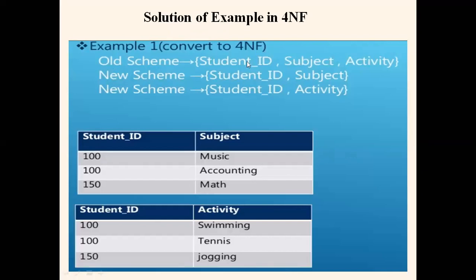We convert up to the fourth normal form. The old normal form has attributes student ID, subject and activity. The new schema in which we have converted into fourth normal form is student ID and subject, and student ID and activity. So what happens over here, we are removing the redundancy over the table.